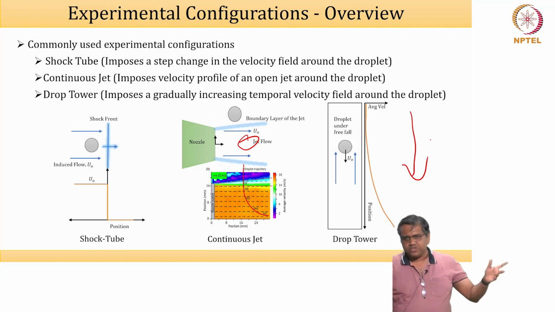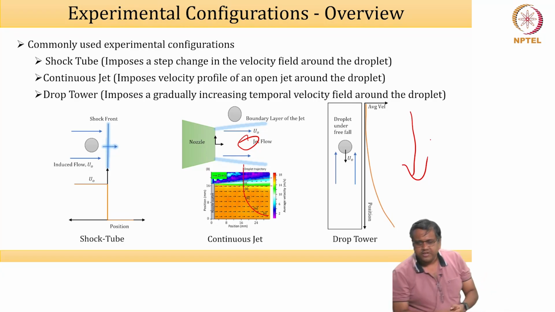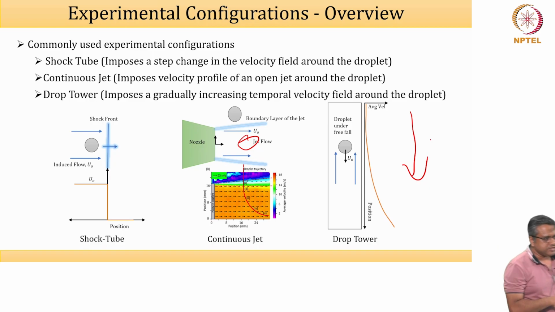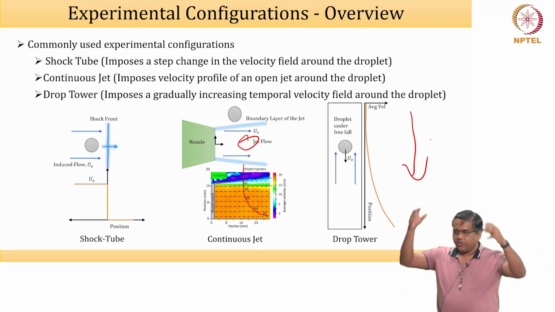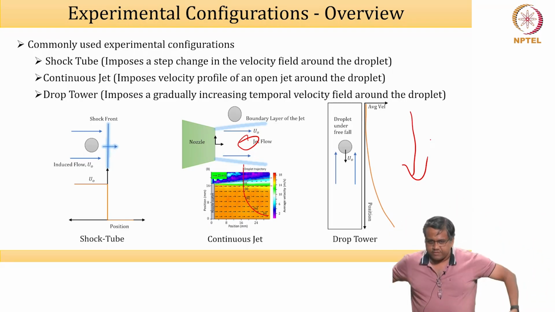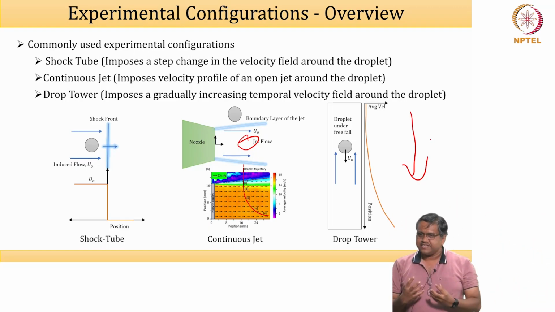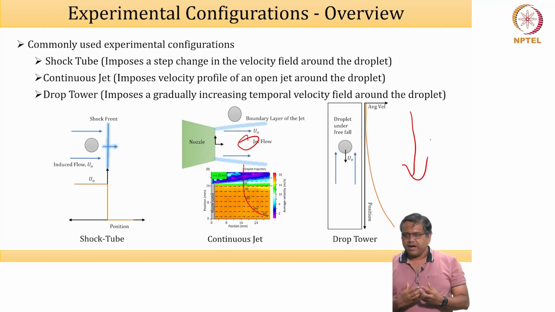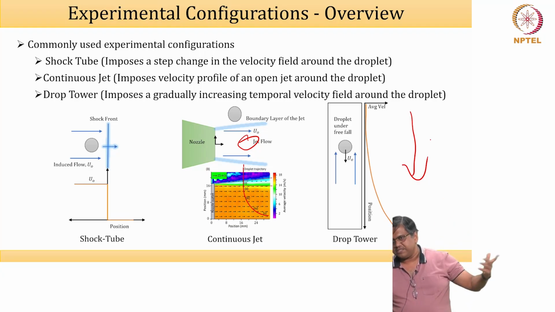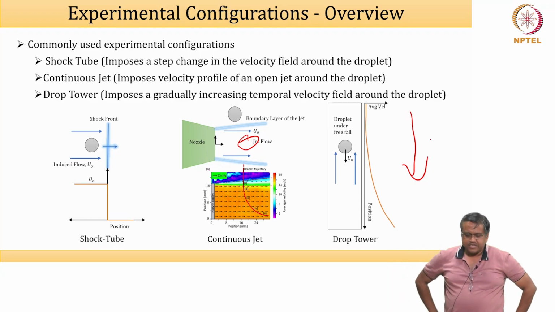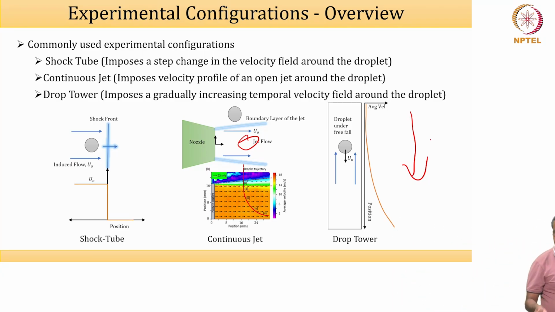Sometimes that is not easy to maintain, especially when you are dealing with fuels which have very low surface tension. The drop tower is the best in a way because it allows you to have the full-blown droplet nice and easy, but it requires a substantial height. But each allows us to introspect a certain amount of the phenomena at hand.